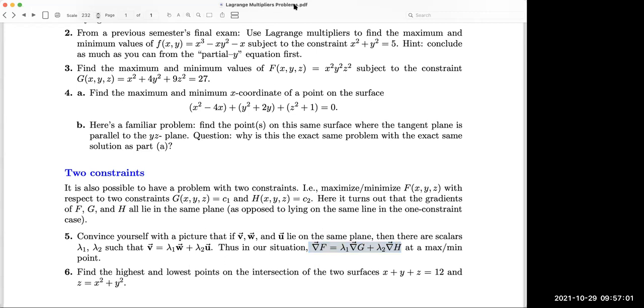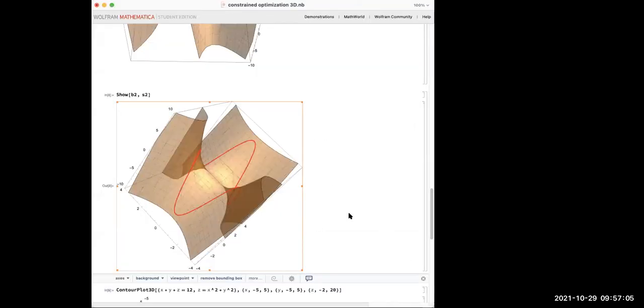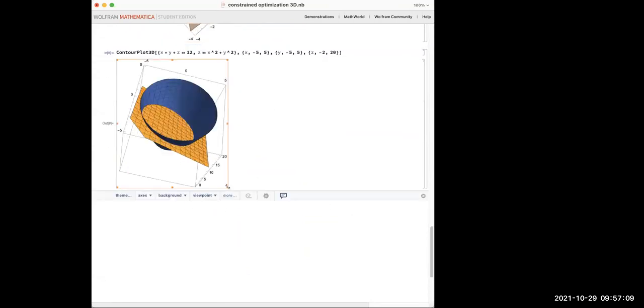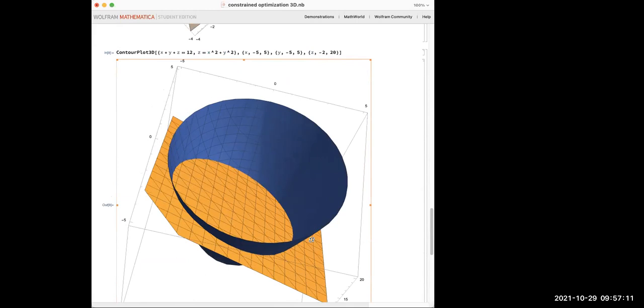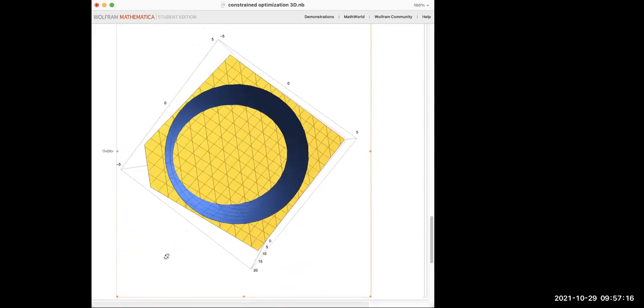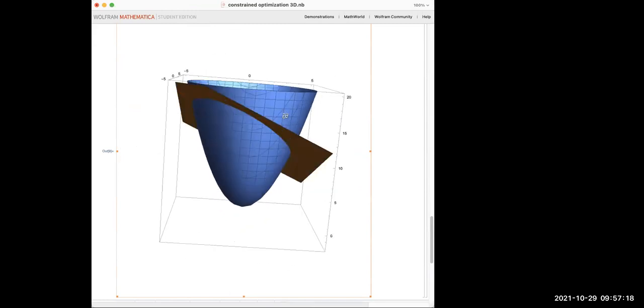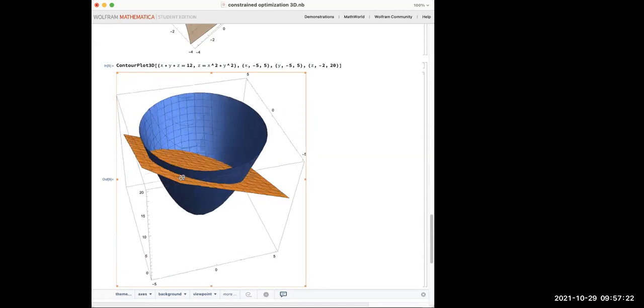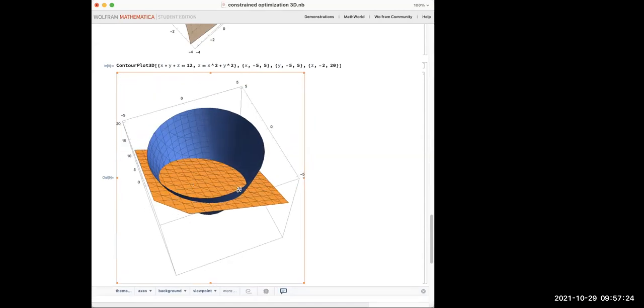I think I have this in Mathematica. Down here, I actually drew the plane and the bowl intersecting. You can see that they intersect in kind of an ellipse shape, and there's a maximum point up here and a minimum point down here.